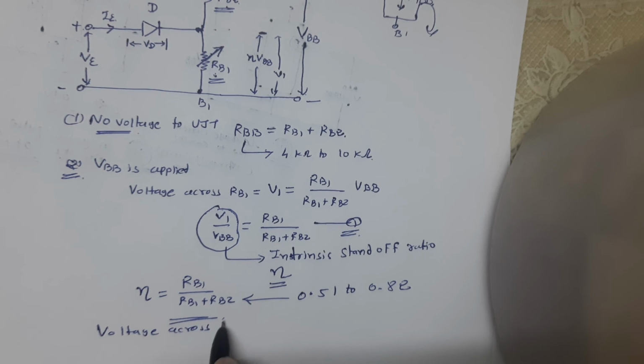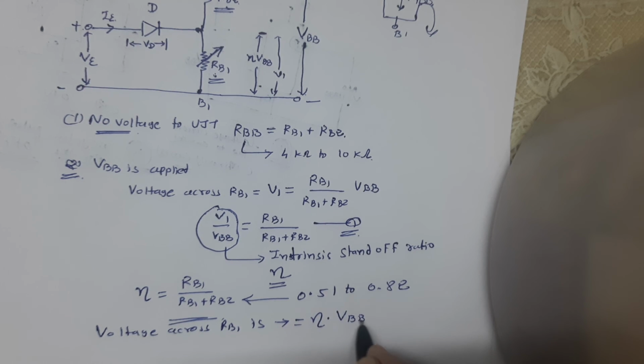The voltage across RB1 is given as eta into VBB.